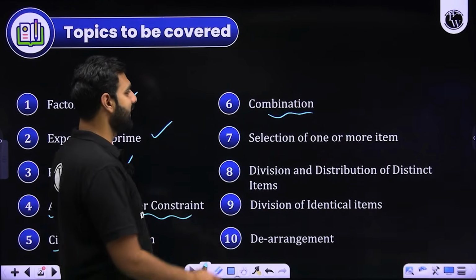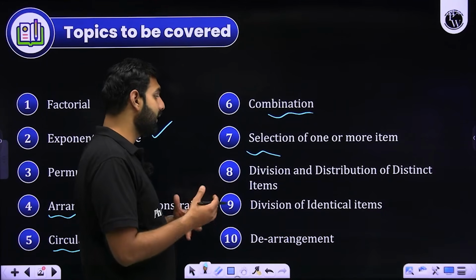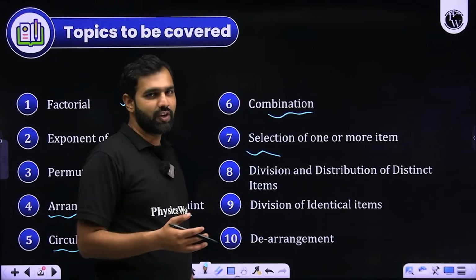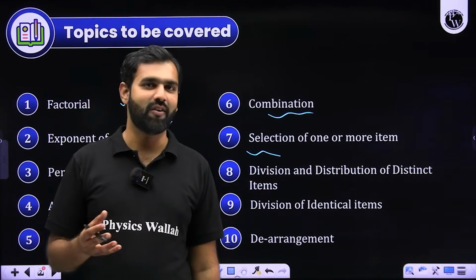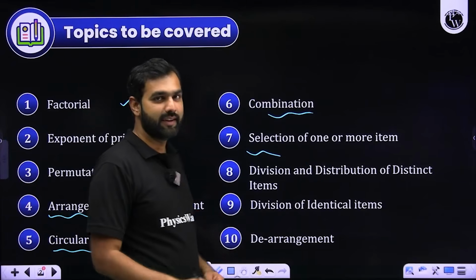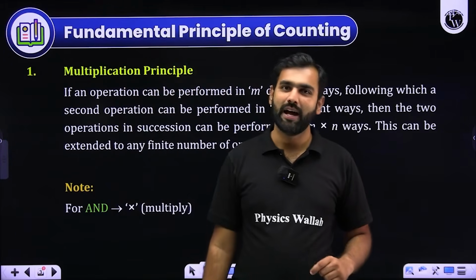Then we'll move towards selection, and division and distribution of distinct items. We'll also talk about division of identical items, then dearrangement, and some problems based on dictionary and ranking, and some other methods as well. This is all we'll be discussing in this single one-shot video of permutation and combination.